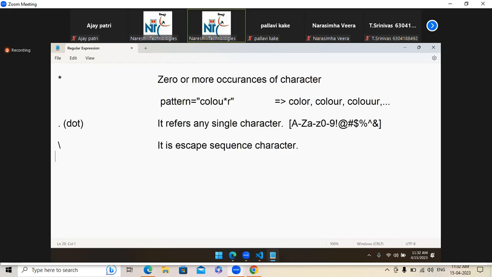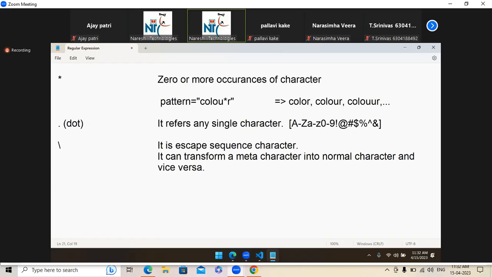It is an escape sequence character. What it can do is transform a meta character into a normal character and vice versa.